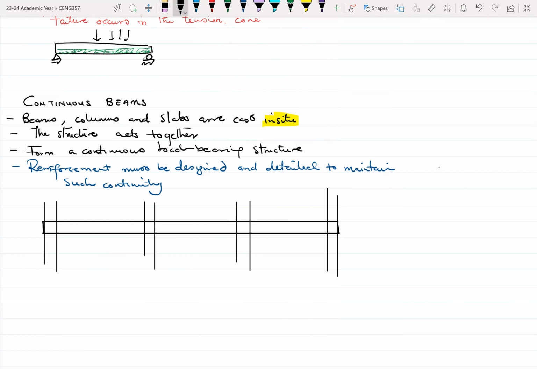This is a typical beam column arrangement that you find on site. Now you would realize that if you are to draw the bending moment diagram, this is how the bending moment diagram usually would look.